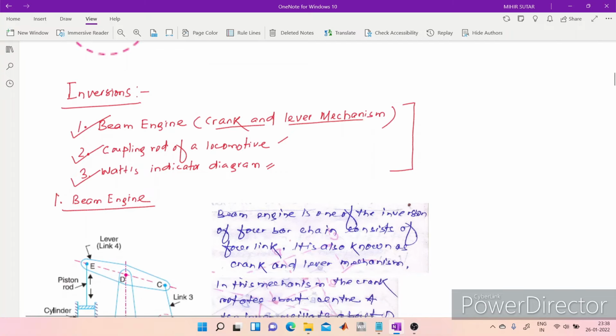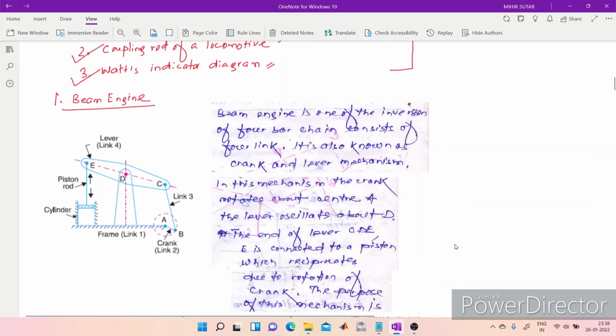Now coming to the first inversion, this is the basic schematic of a beam engine. Here you can see, it essentially consists of the first link, which is the frame, and it is fixed, as is the cylinder. Here you can see the second link is the crank, and the crank is connected to this link 3. And the lever is link 4.